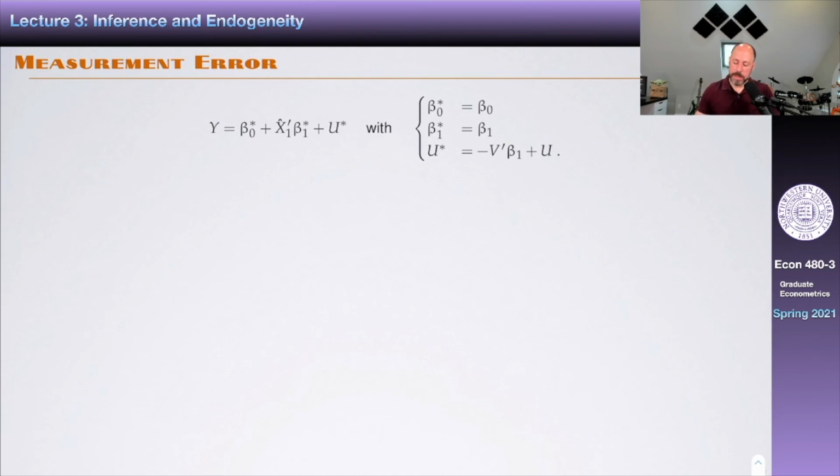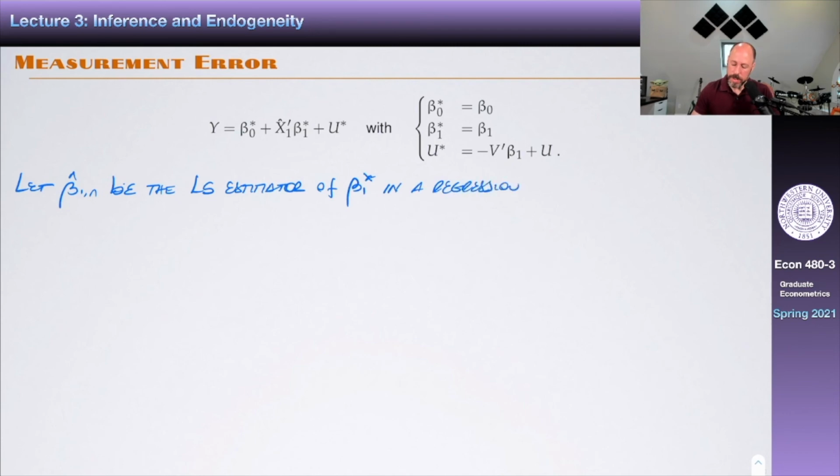So what happens? Here's what I wrote before, rewritten. Again, as we did before, let beta hat 1n be the least squares estimator of beta 1 star in a regression of y on x hat 1.